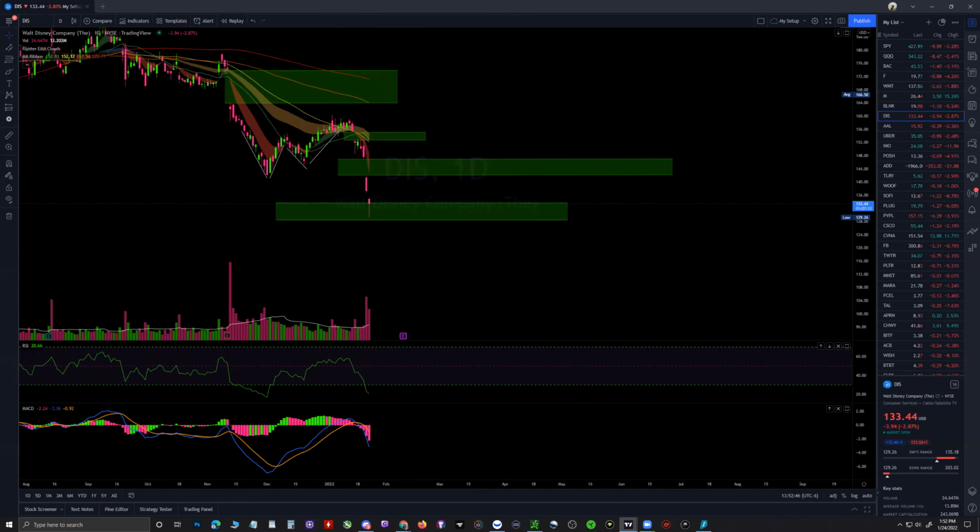Let's look at Disney news and see if there's anything that might pump it. Nothing. Nothing for Disney. With earnings so close, I don't know. I just hate to go against the trend. The only thing I'm looking at here is this candle with the nice buyer's wick and the gap that was filled, which could signify a reversal.